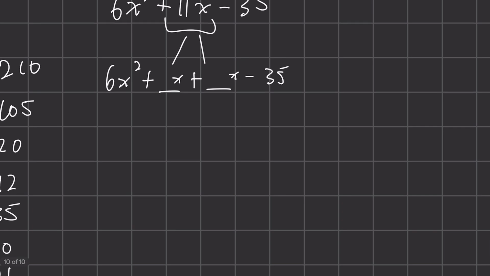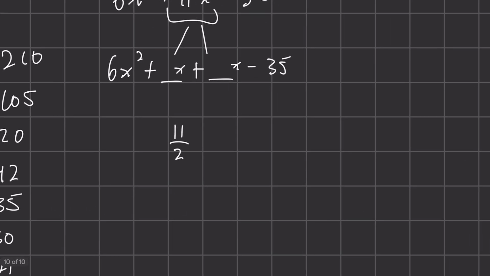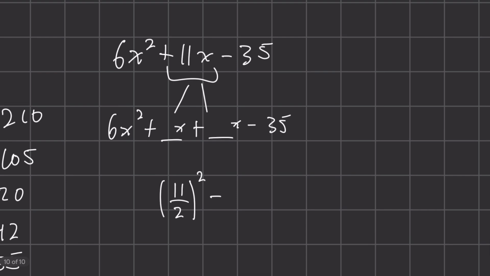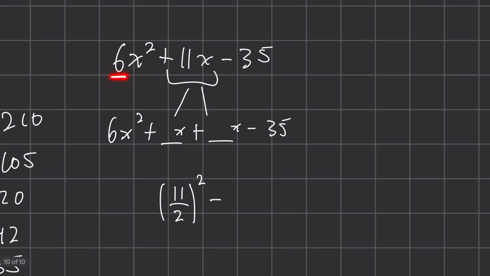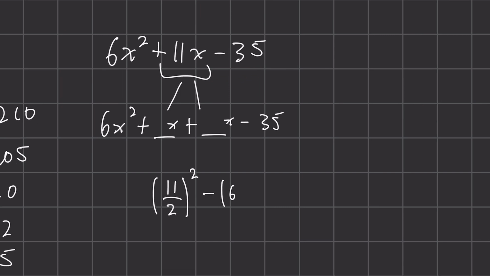And the way you do it is you get the coefficient of that middle term, 11 in this case. What we do is we're going to divide that number by 2. And then, we are going to square that number. From there, we're going to subtract the leading coefficient of x squared times the c term. So in this case, it's going to be minus 6 times negative 35.